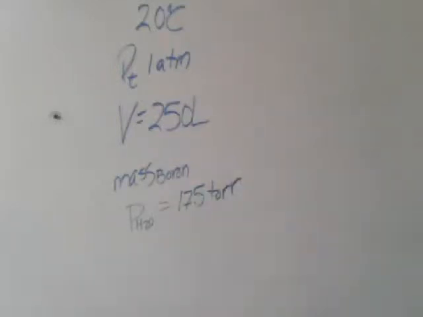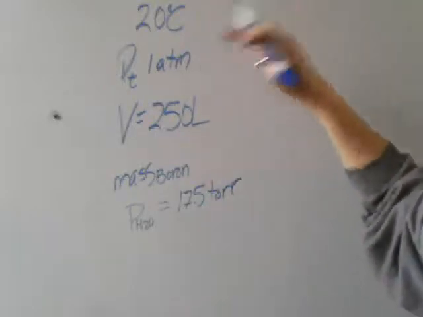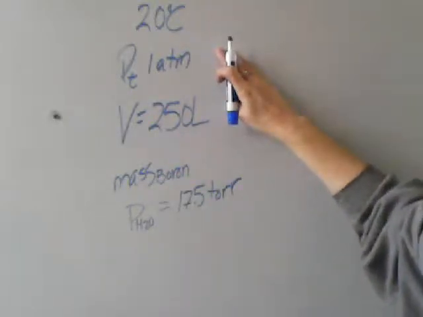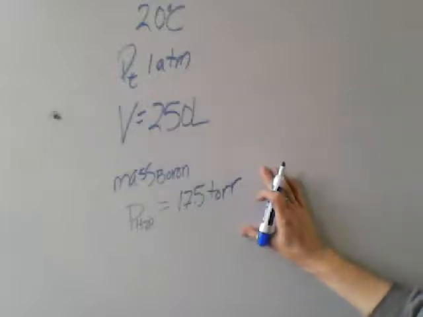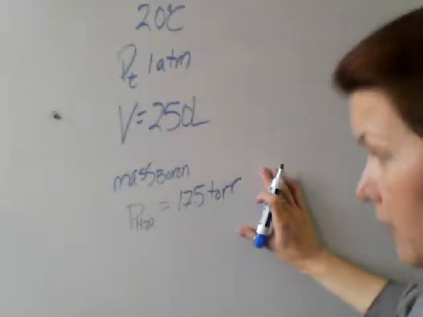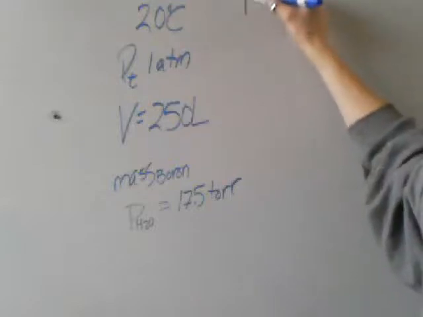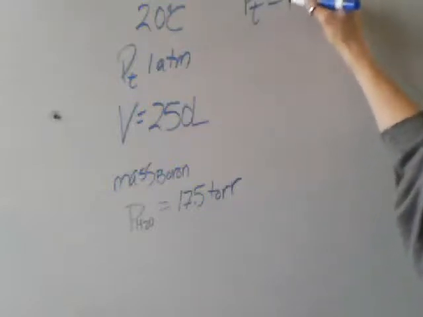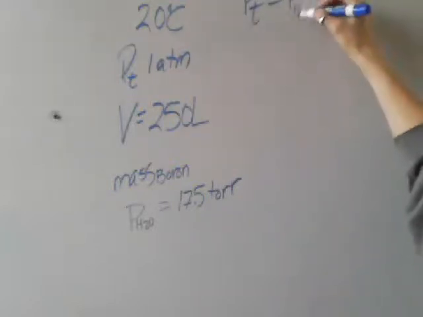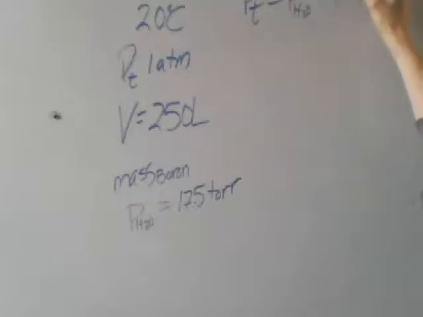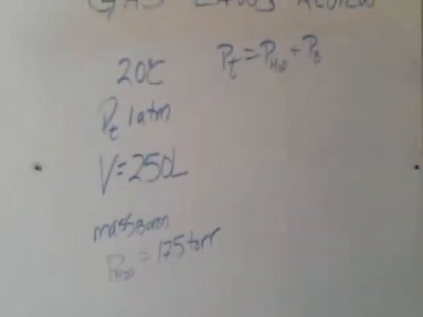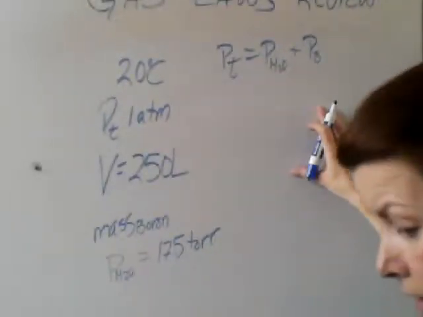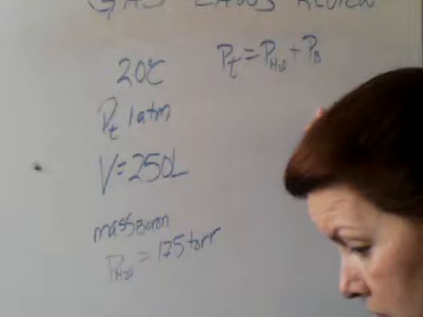And so what do we know? We know the temperature, we know the total pressure, we know the volume, and we know the partial pressure of water. So we can use our partial pressure equation. So the pressure of the water plus the pressure of the boron gas is going to be equal to the total pressure of the system. So we can substitute that in.